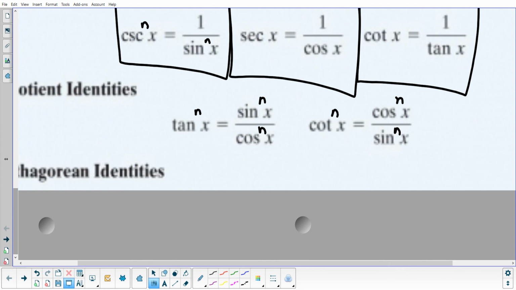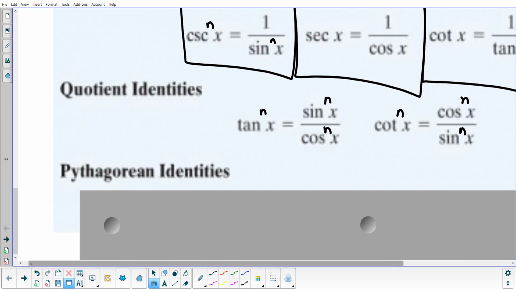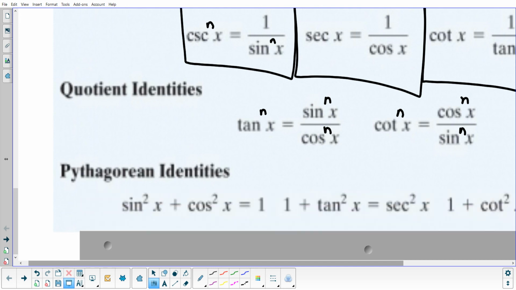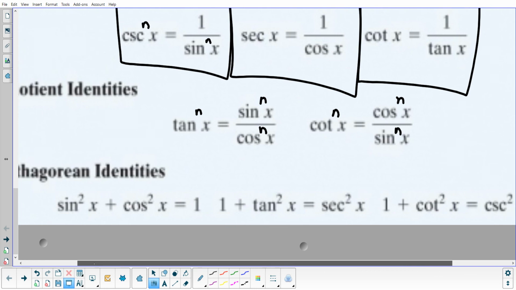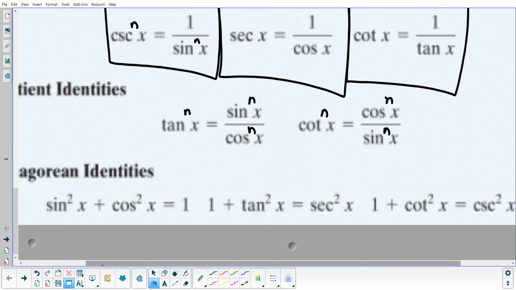In the last group, those are called the Pythagorean identities. You can't use them with higher exponents. Pythagorean identities specifically work with exponents of 2. And think about the Pythagorean theorem. It's all things that are squared. That's where they get their name from.